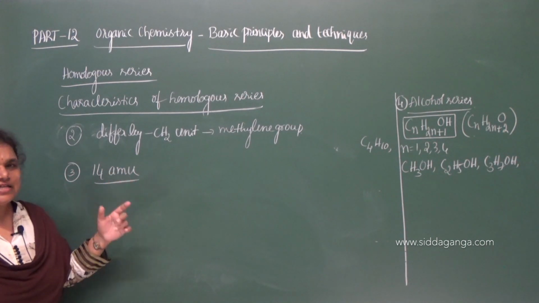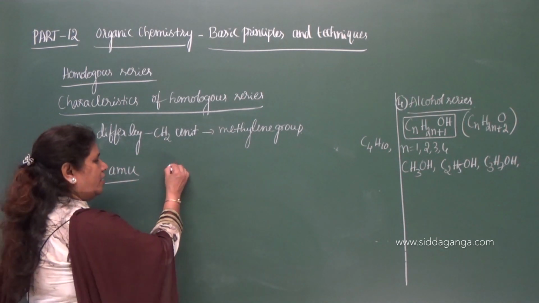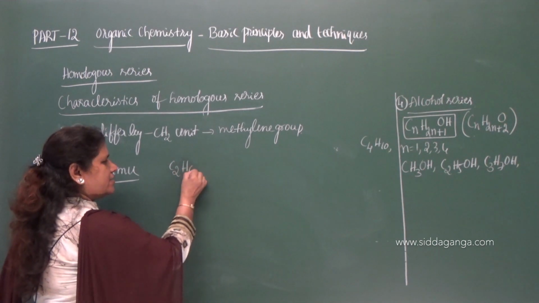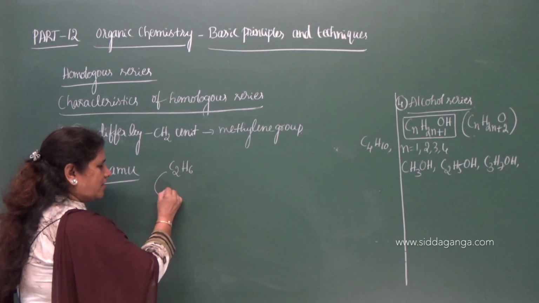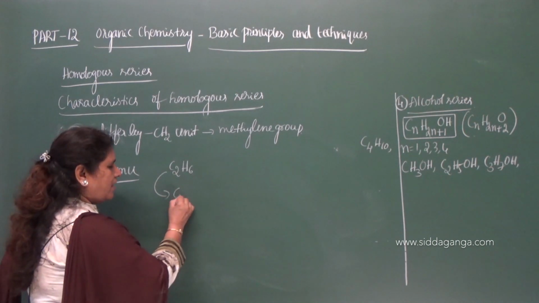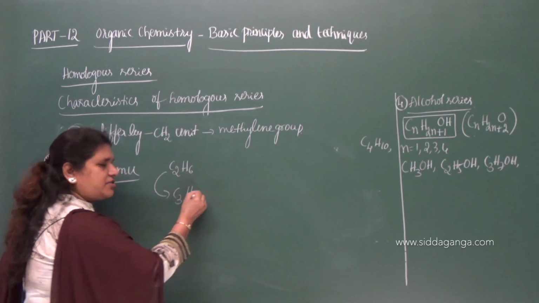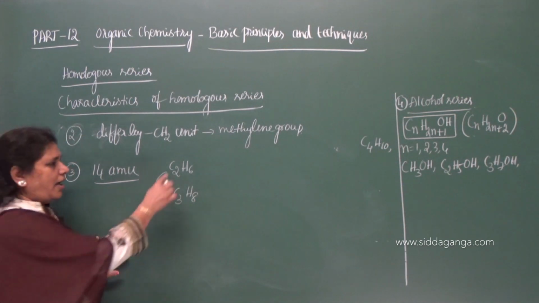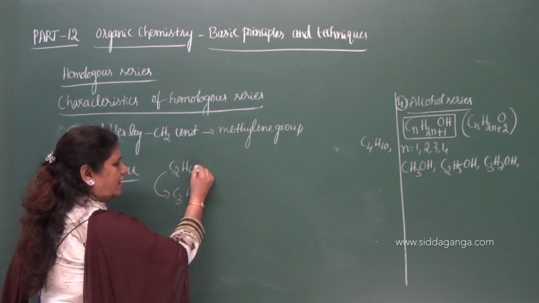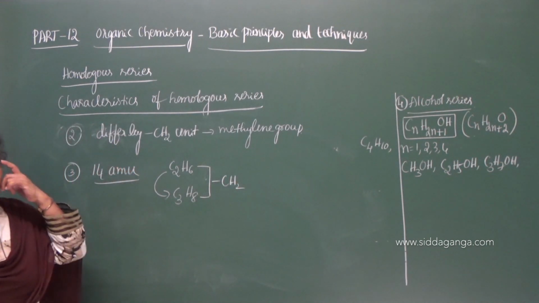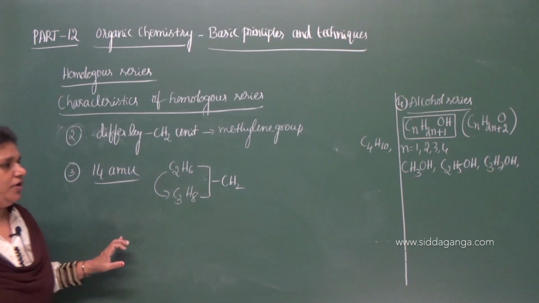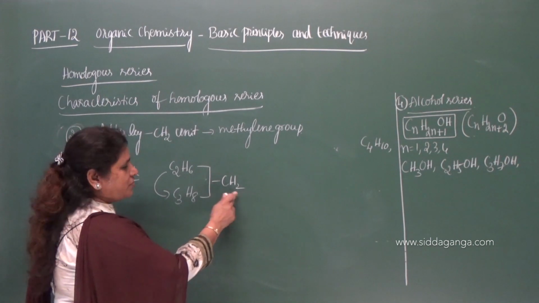For example, if you take C2H6, the second member of the alkane series, and the third member, C3H8, these two differ by a CH2 unit.